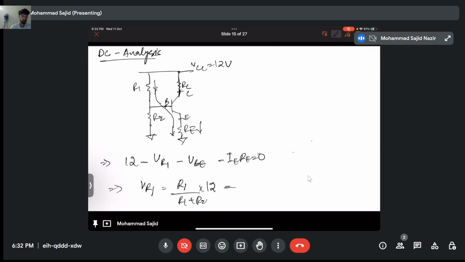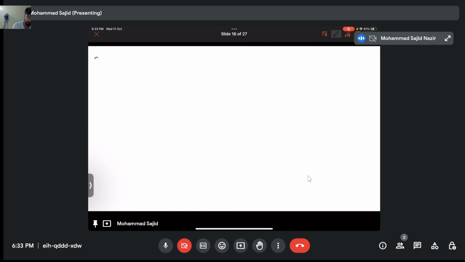I have just written down the values here. It is 8.4K divided by 8.4K plus 3.6K multiplied by 12, equivalent to 8.4 divided by 12 times 12. So this is 8.4 volt. Therefore we can have 12 minus 8.4 minus VBE on, which is given as 0.6, equivalent to IE multiplied by RE. RE is 2K ohm. So IE comes out to be equivalent to 1.5 milliampere.